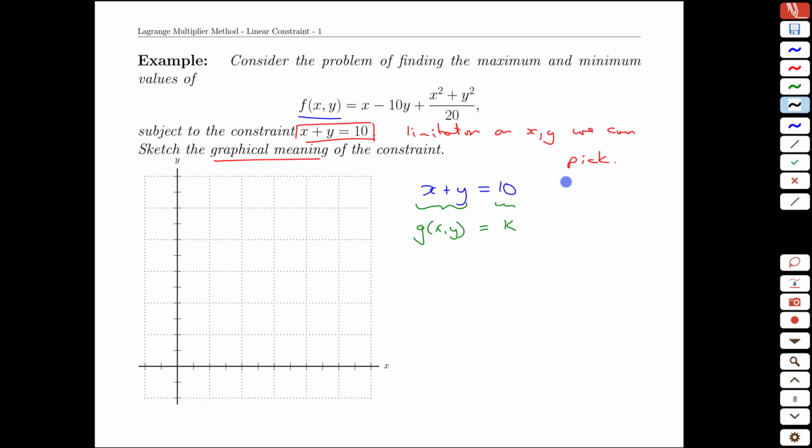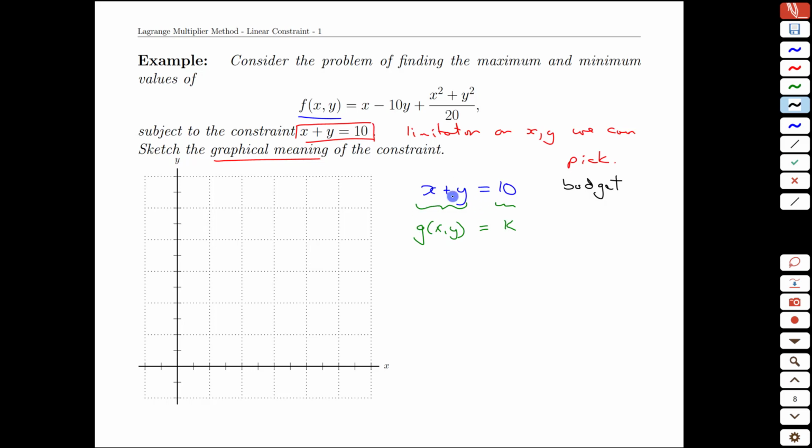This type of constraint is often called a budget constraint because it has the form of I can spend this much money plus this much money, say food and housing, and I have a maximum amount of money I can spend. So those things adding up to a total equals a budget is a pretty common way to think about that form of equation for the constraint. Now, that's not technically true here, they're just x plus y's, but we'll see this form quite frequently.